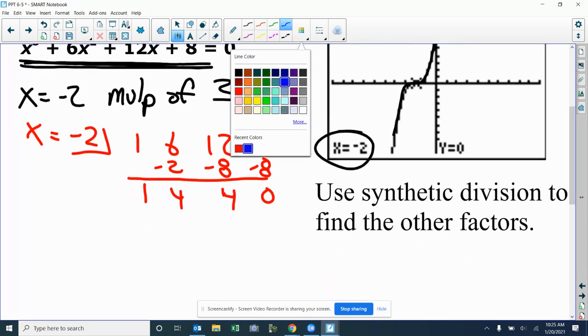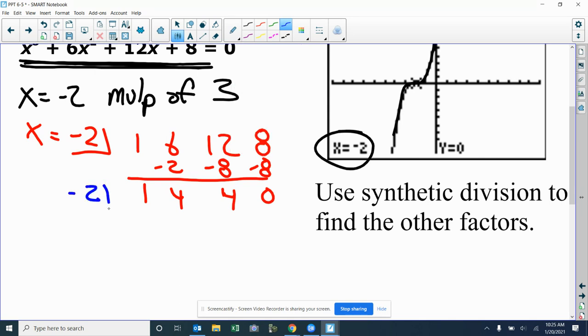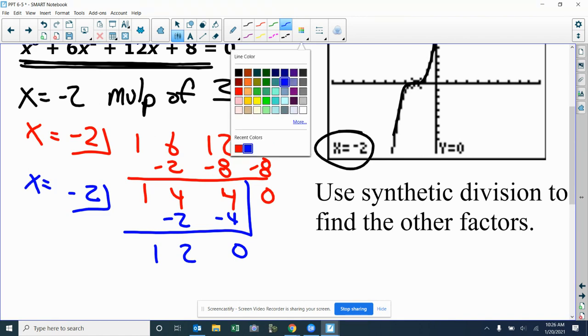Since I got it nice and handy, -2. I'm going to use what's left over. Okay? 1 comes down, -2. That gives me +2, and I still got another one, don't I? There's number 2, I gotta try it one more time.